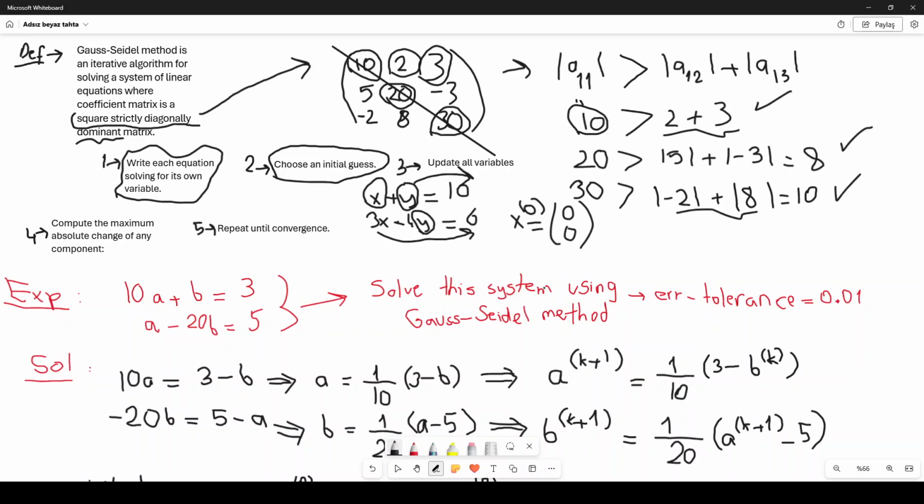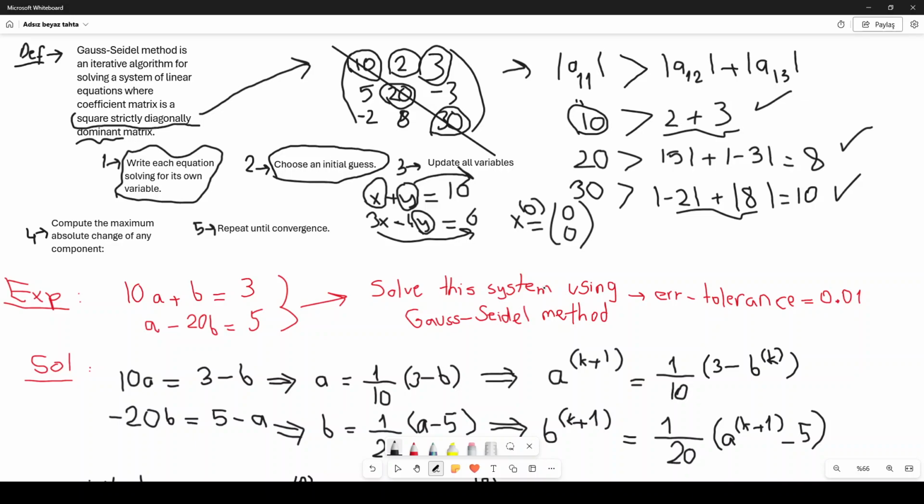As you remember, in the Jacobi method, we find the newly obtained values in each iteration, and we use these values in the next iteration. But in the Gauss Seidel method, as soon as we find a new value for any of the unknown variables, we use that value in the same iteration.